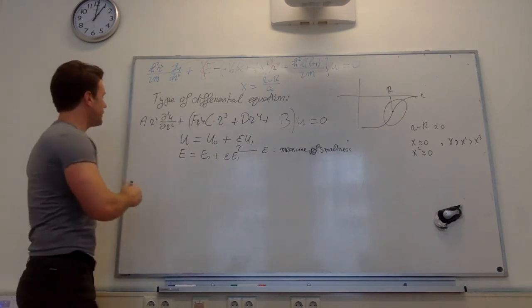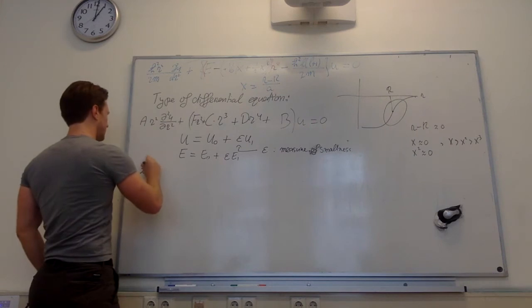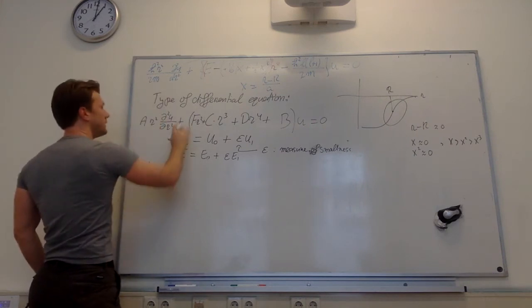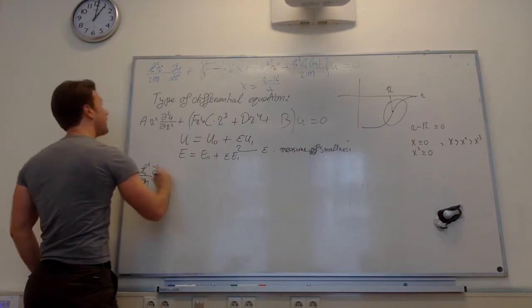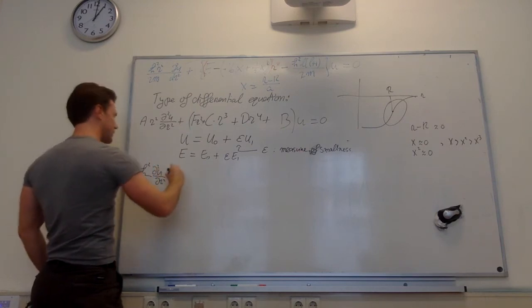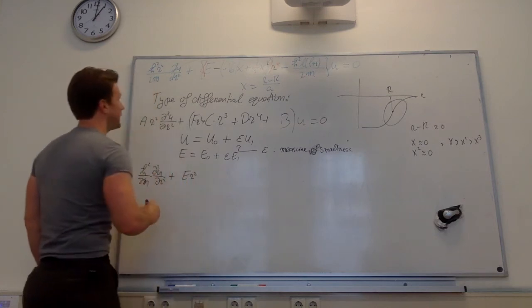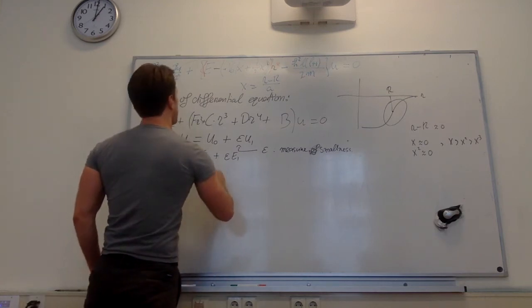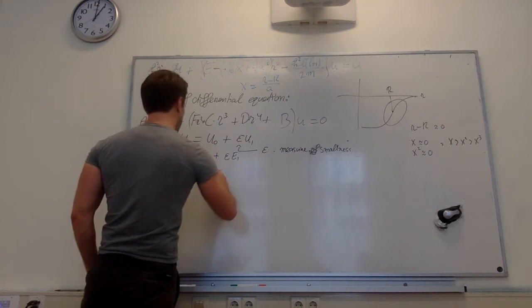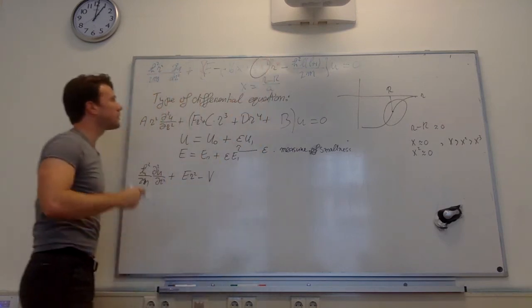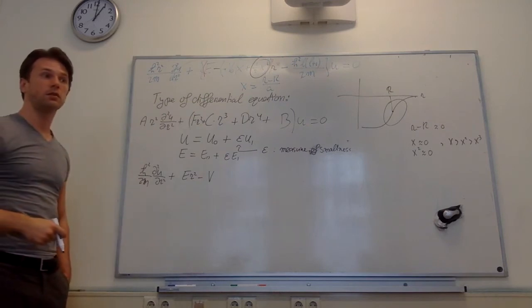So let me write down how I do this. Going back to this differential equation, I think that's easier. Yeah, we'll do that. dr squared plus e r squared minus, well, there's a whole bunch of constants there, but you know, I'm going to forget about this altogether because x squared is going to be small.